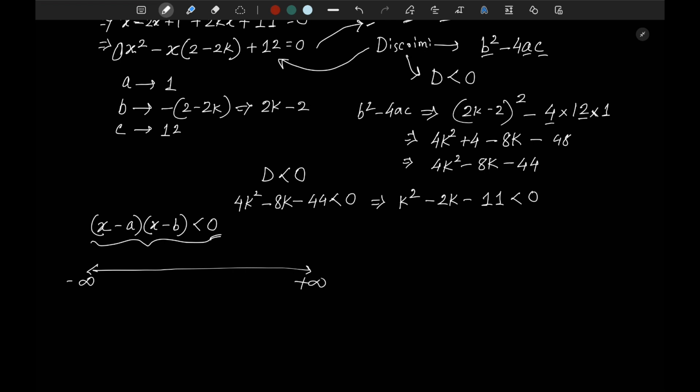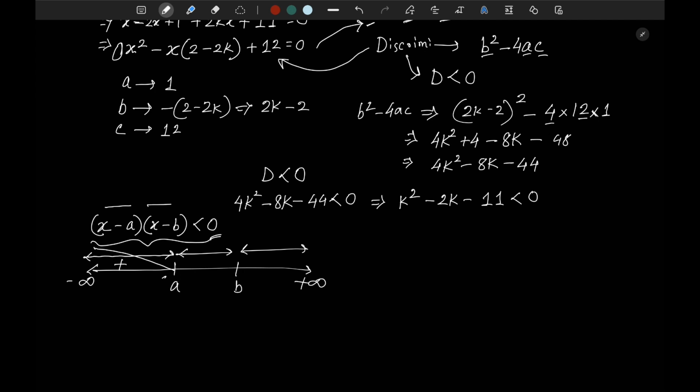This is minus infinity to plus infinity, we put some a and b, and we try to check the validity of the inequation within these intervals, right? So let's take something less than a, or your x is less than a. Then this x minus a becomes negative, and this x minus b becomes definitely negative. Multiplication of these two negatives will give you positive.